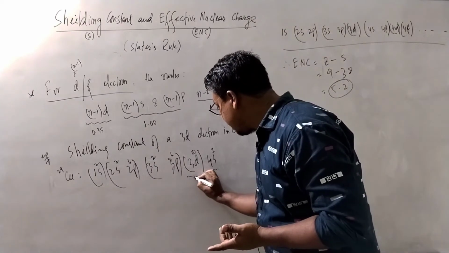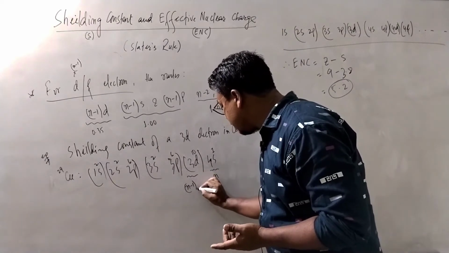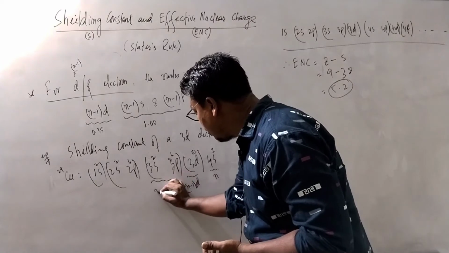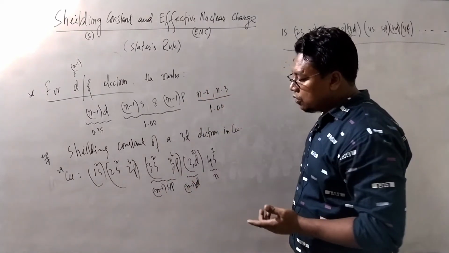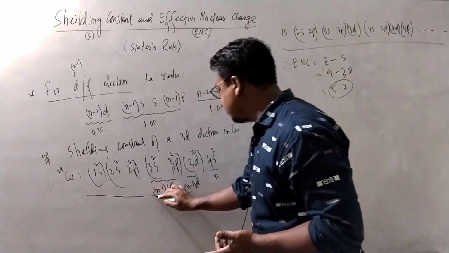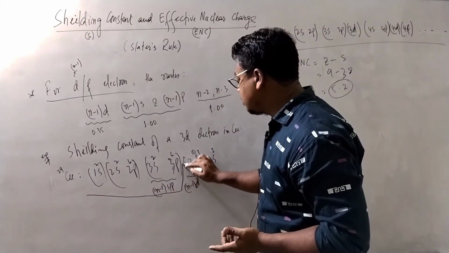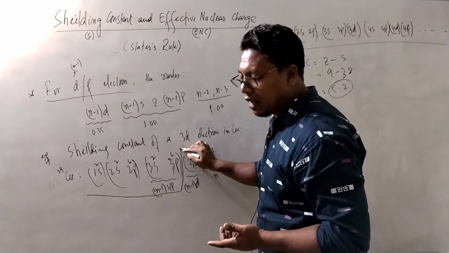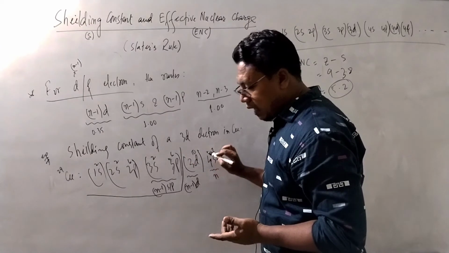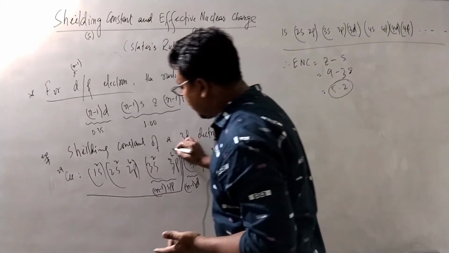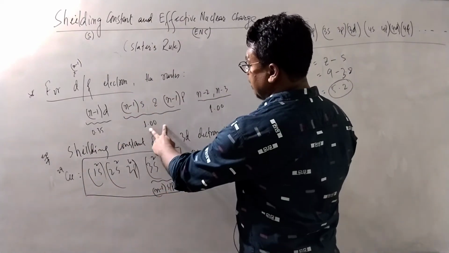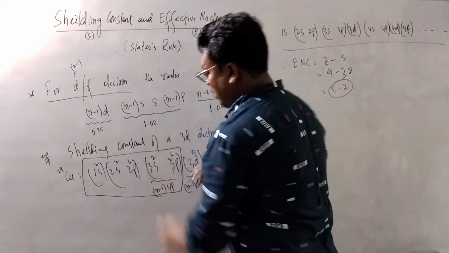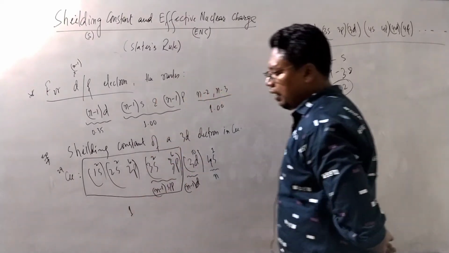This is n minus 1 d, and this is also n minus 1 s and p, right? So for all these terms, when we need to calculate the shielding constant for an electron in 3d, for all these shells and subshells, the contribution will be 1 only.